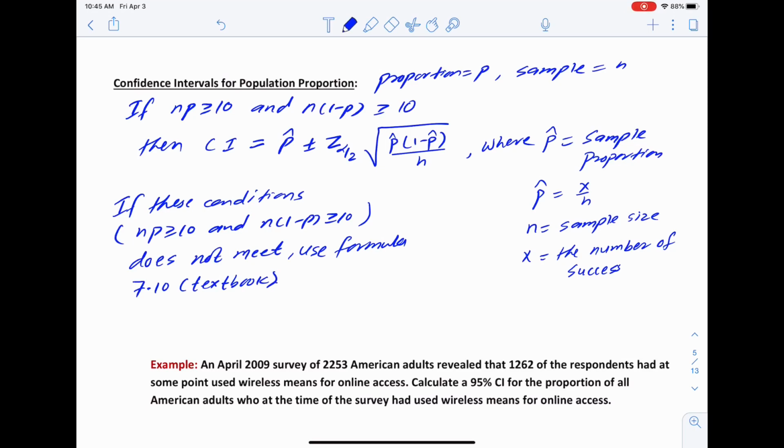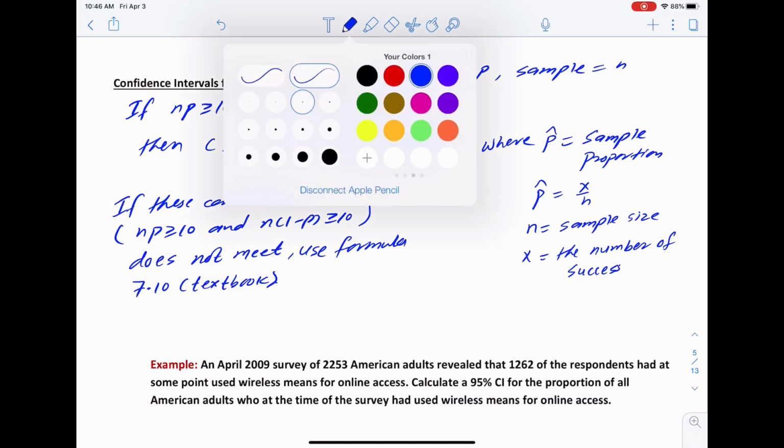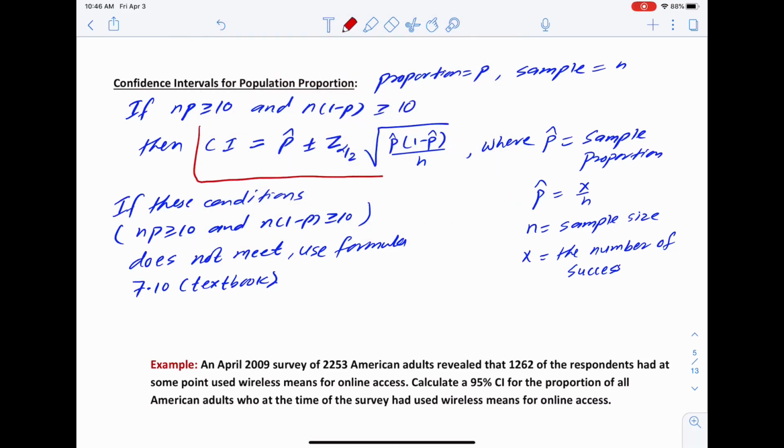This is a very ugly looking formula, so I'm not going to ask you to use it. I'm not going to ask problems where you need to use this formula, so just know this confidence interval.